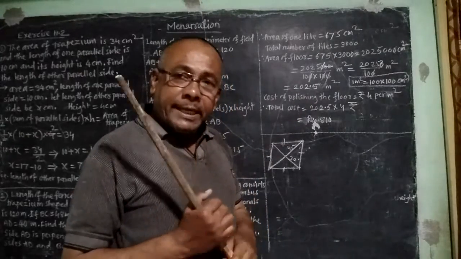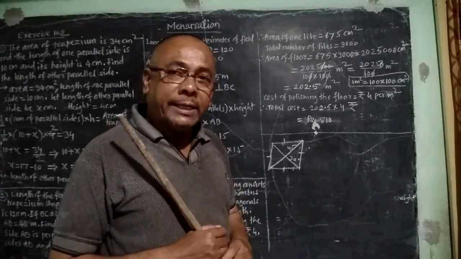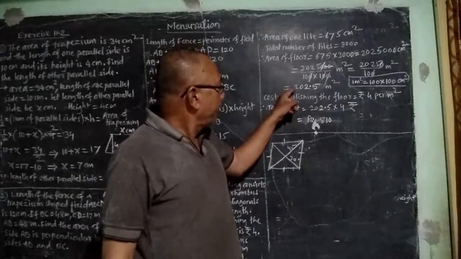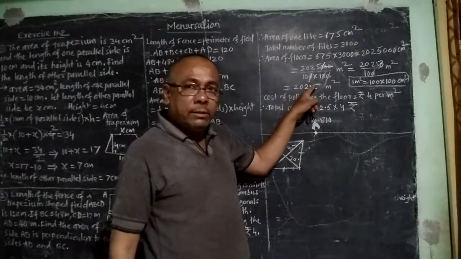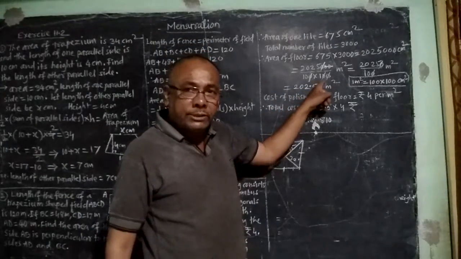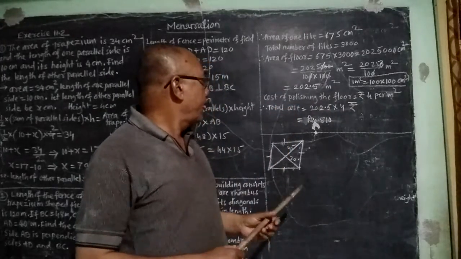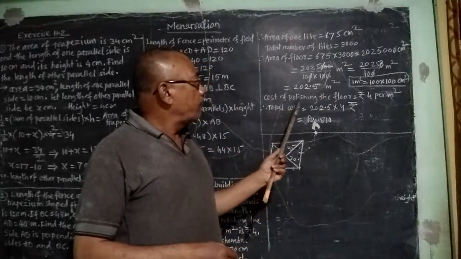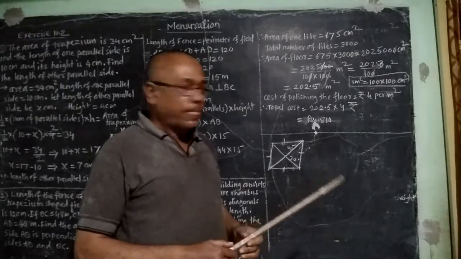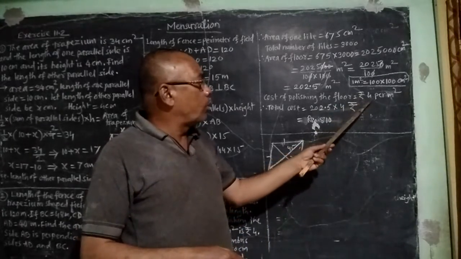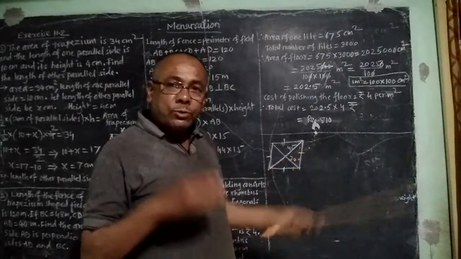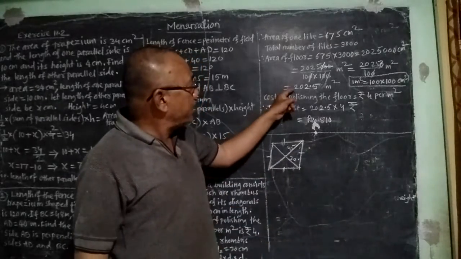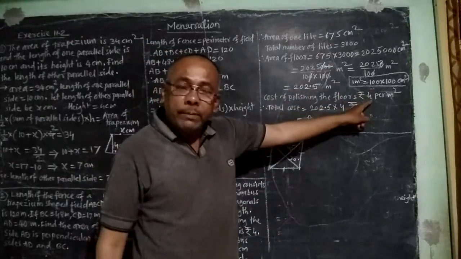So the area of the floor is 202.5 meter square. And now cost of polishing the floor is given as rupees 4 per meter square. So we have to multiply 202.5 by 4.